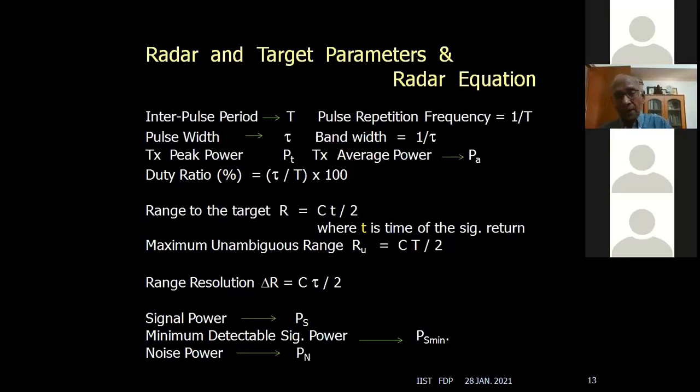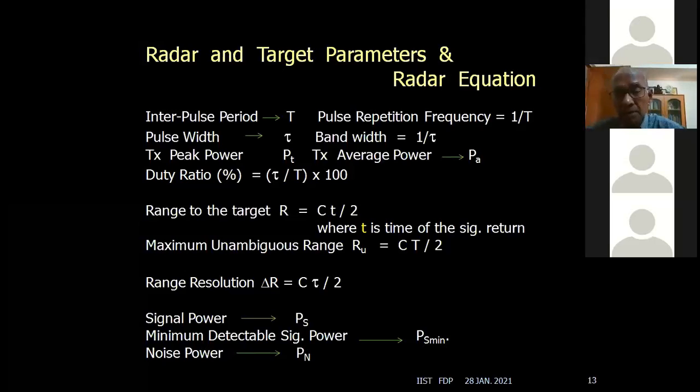So you will not know, and that is what appears on the oscilloscope or in your receiver. If it is a 1 millisecond interpulse period and the echo occurs at 1.1 milliseconds, it will appear as if it is coming 0.1 millisecond after the transmitted pulse. So it is not 1 millisecond. That ambiguity will be there.